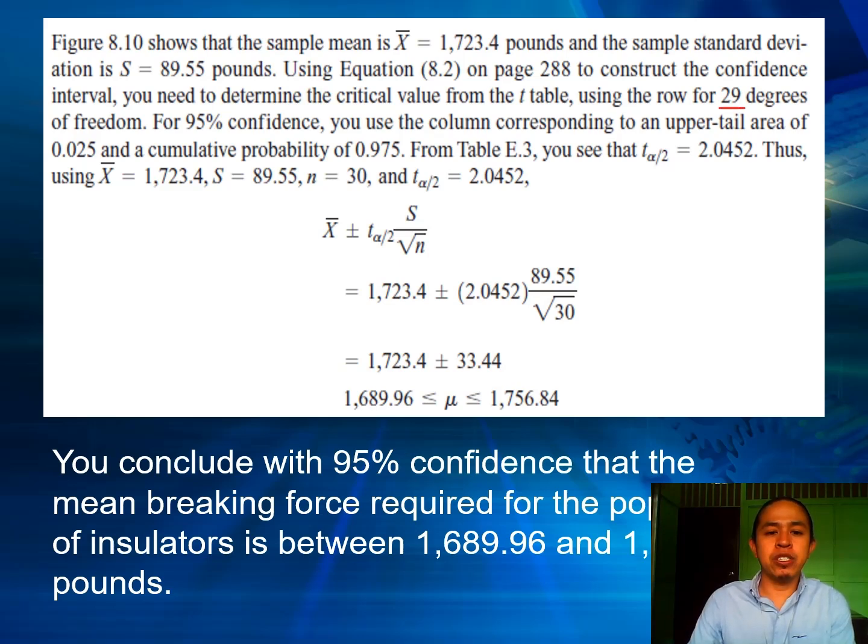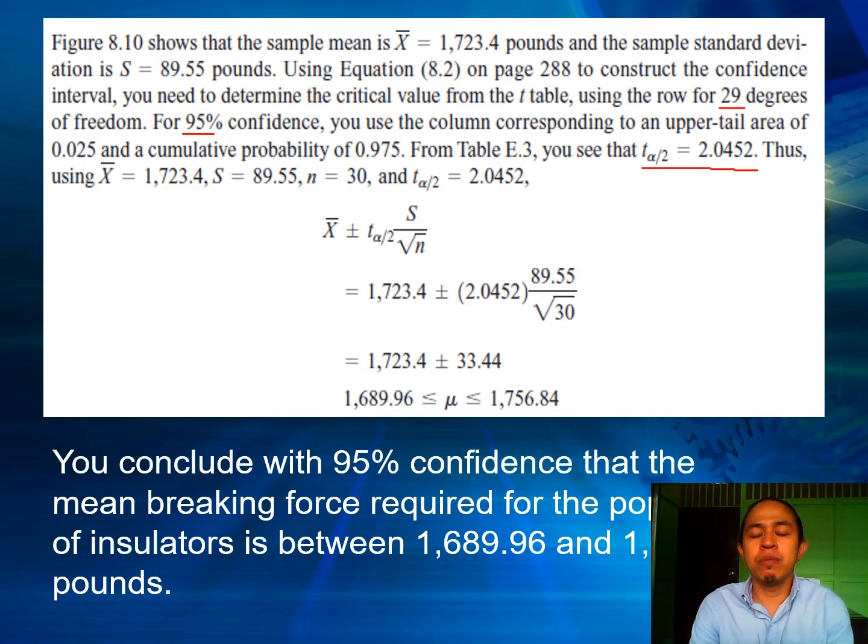So for 95% confidence, the confidence level is 95%. You use the column corresponding to an upper tail of 0.025 and cumulative probability of 0.975. And if you check that in your t-table, you can see that the t-value is 2.0452. I encourage you to check your t-table if these figures are correct, and you can see for yourself how to identify the t-value.